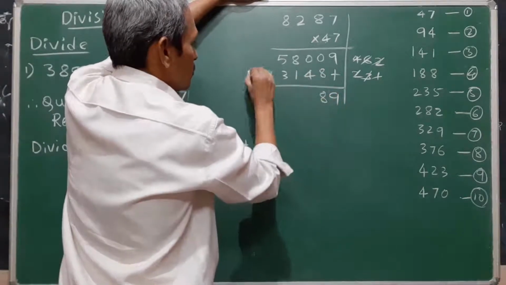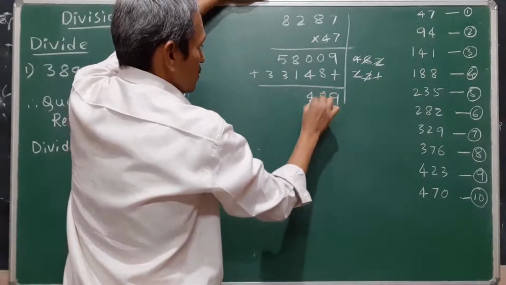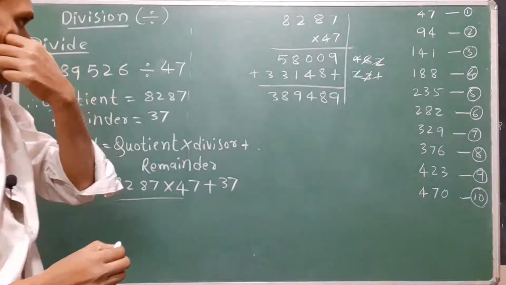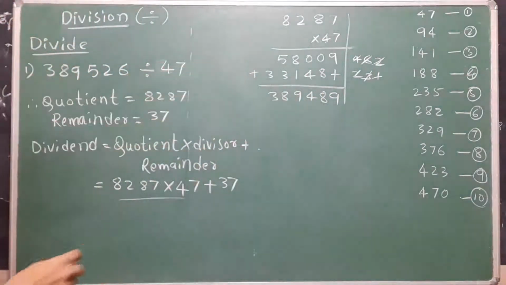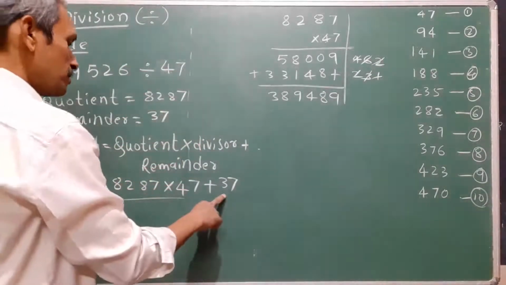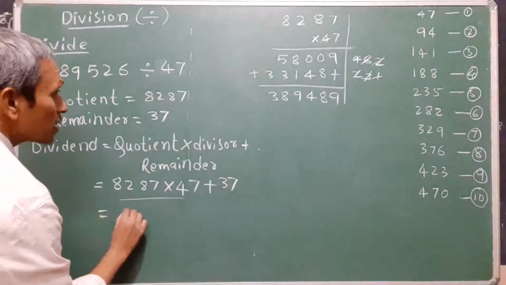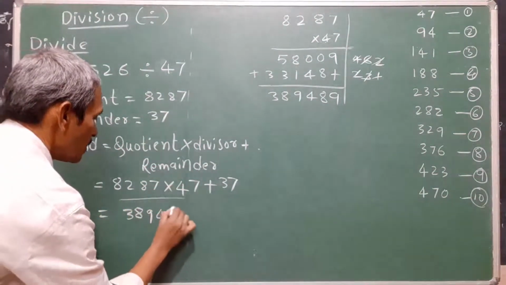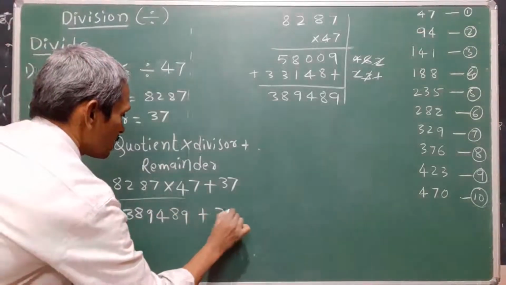We will add these two results. 389489 is the product of these two. Now we get the product as 389489, plus 37 we will add.